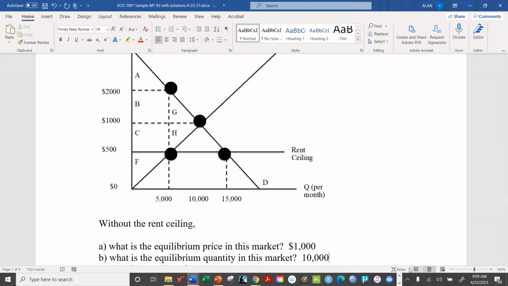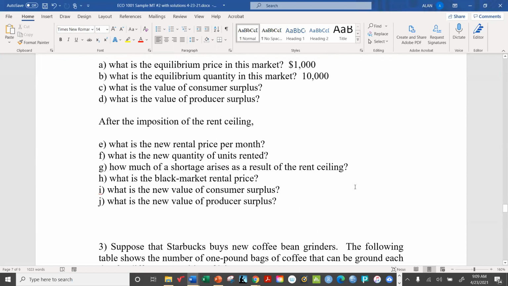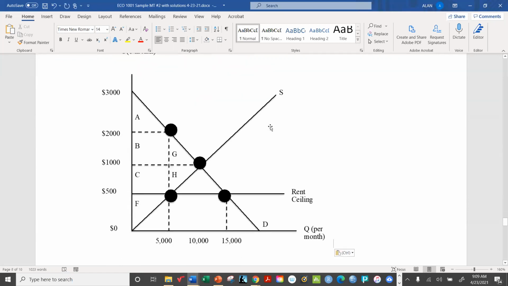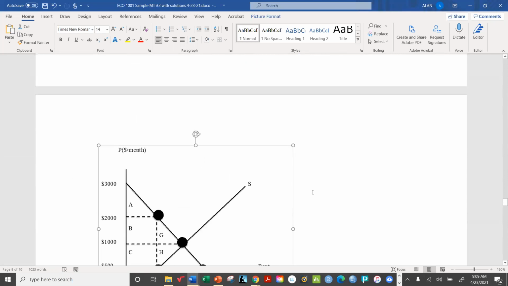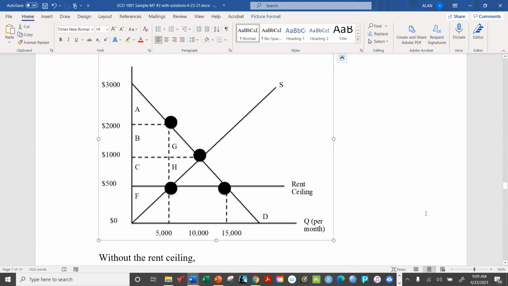Now, I'll probably just do a copy of this. We need to calculate the consumer and producer surplus before and after the rent ceiling. So we'll need 2 copies. All right, so here's what we had before.